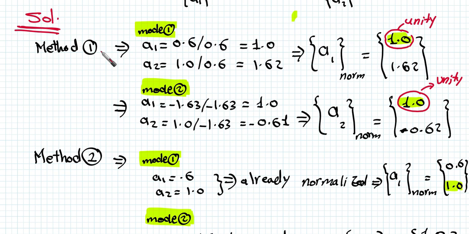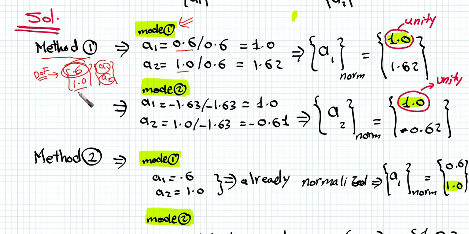First of all, let's use method 1. We use mode number 1, where we have 0.6 and 1. We are going to normalize based on the first degree of freedom. So A1 equals 0.6 and A2 equals 1.